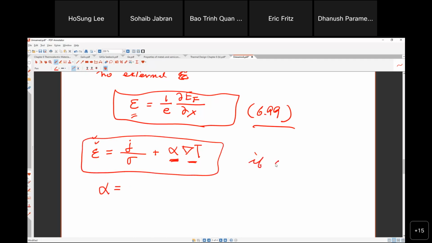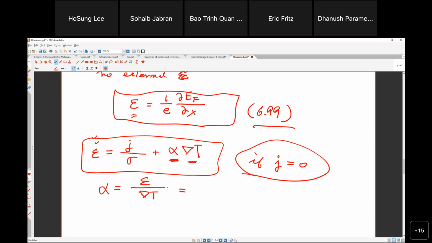If current is zero, then Seebeck is the gradient of the electric field. That's what comes up.